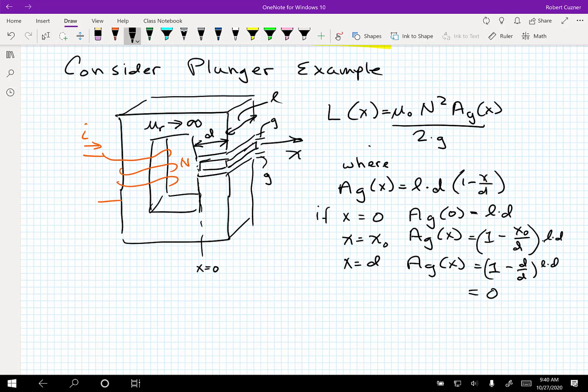So the gap is varying between this value here and 0. Any question about that, or have I cleared everybody so far?